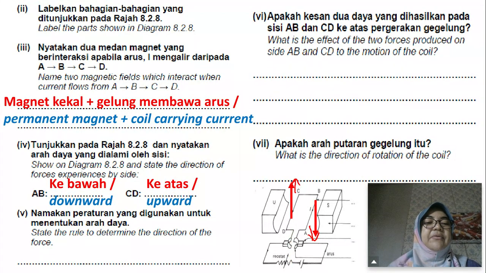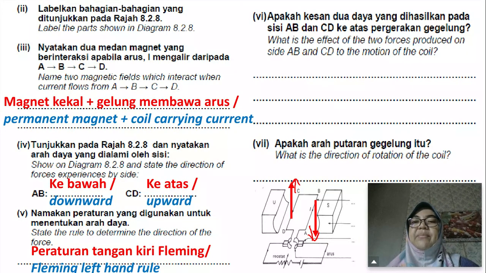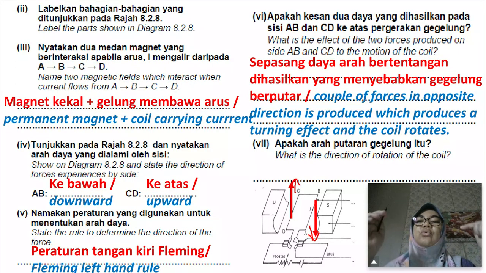Okay. Number 4, state the rule to determine the direction of the force. Okay, the rule is Fleming left hand rule. And number 6, what is the effect of the two forces produced side AB and CD to the motion of the coil? Okay, we get two forces that is opposite direction, so produce turning effect.